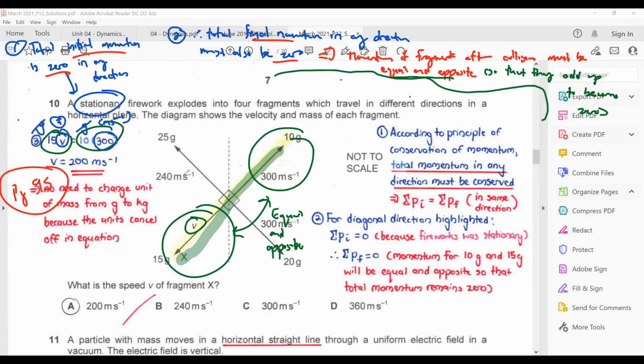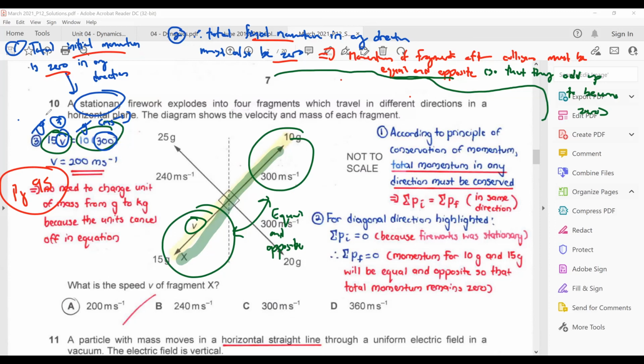Here there's actually one hidden shortcut. You don't really need to change the grams to kg, because both sides of the equation have the same term. The units will actually cancel each other off. So your v here would just follow whatever unit of speed you have here. If it is meter per second, your v will be meter per second.